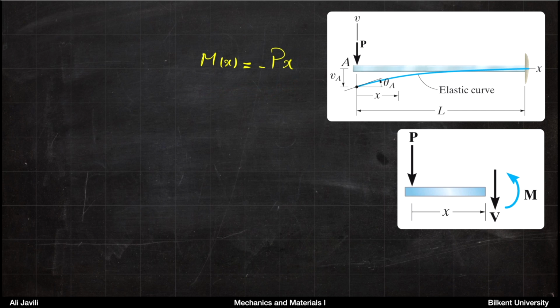So once you have the moment, and you already know how to calculate the moment, obviously, we use our relation for the deflection, or for the second derivative of the deflection.